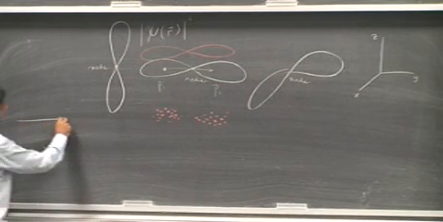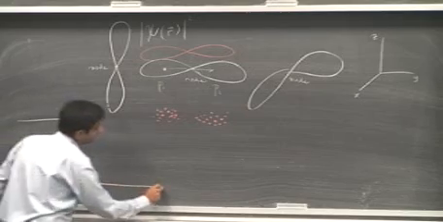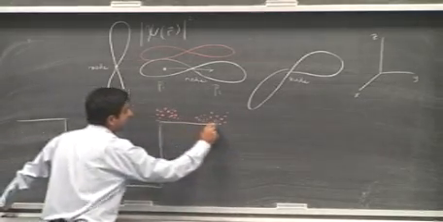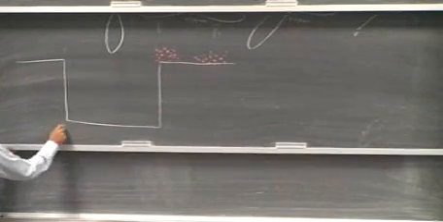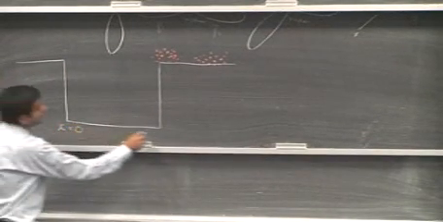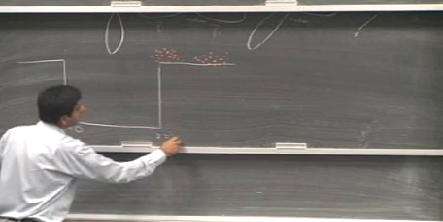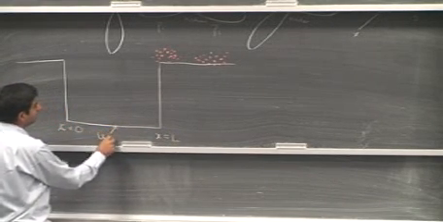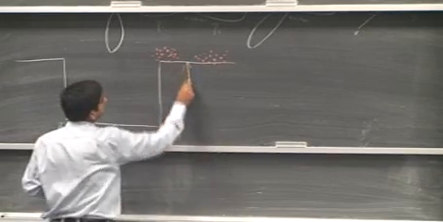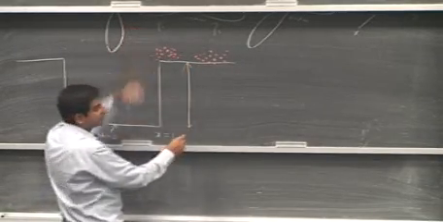Suppose our well is like this. We're talking about one dimension, so x is 0 here, x is L here. The potential energy in the well is 0, and outside it is not infinite but U naught.